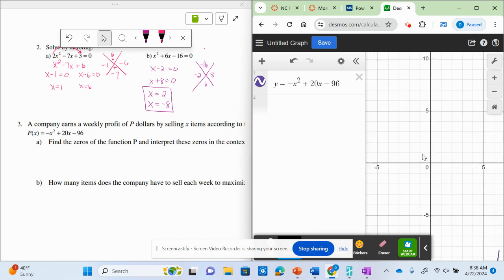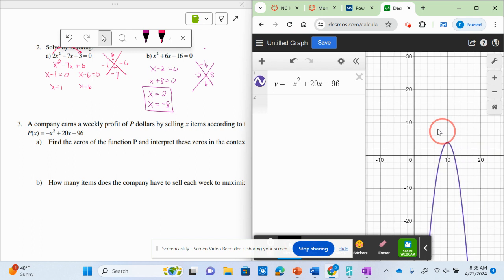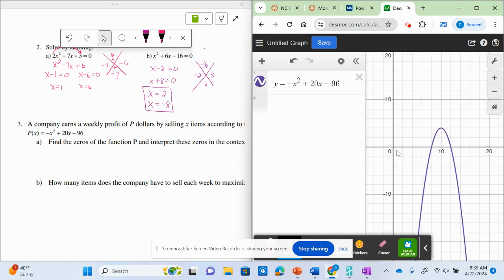So when I look at this equation, it says find the zeros of the function and interpret those zeros. So the y value stands for the what? What does the y stand for? It's the profit.